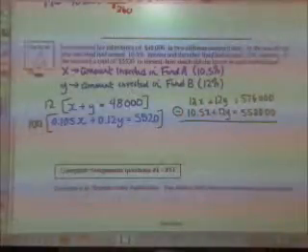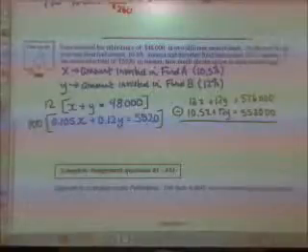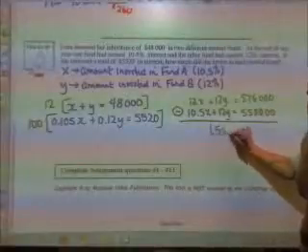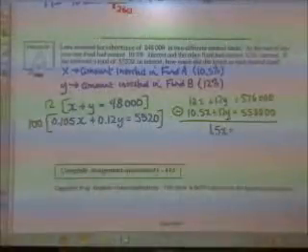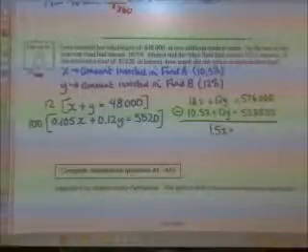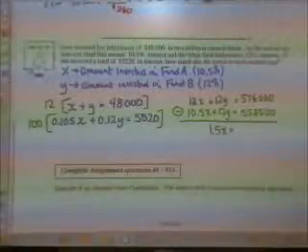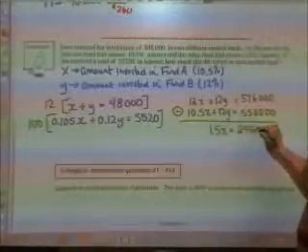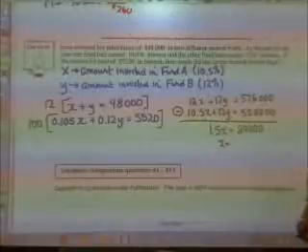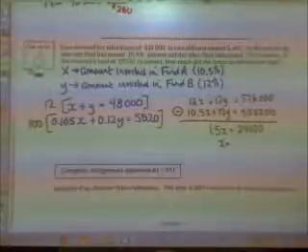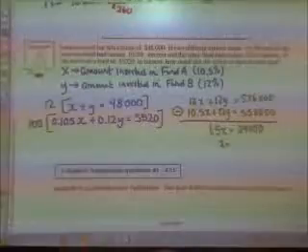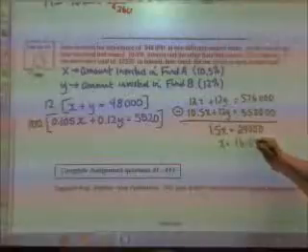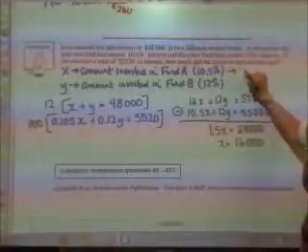So when I go 12x minus 10.5x, what do I get? 1.5x. And 576,000 minus 552,000. 24,000. And when I divide by 1.5, how much? 16,000. That's how much I invested into Fund A.